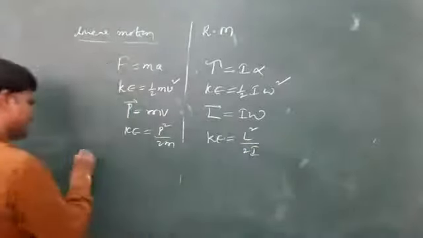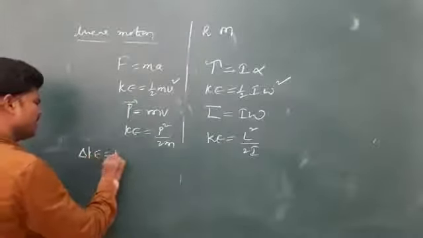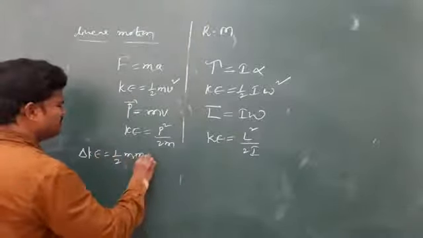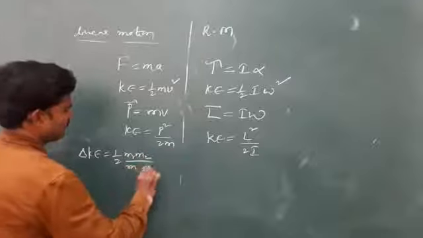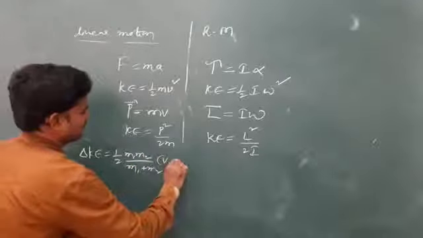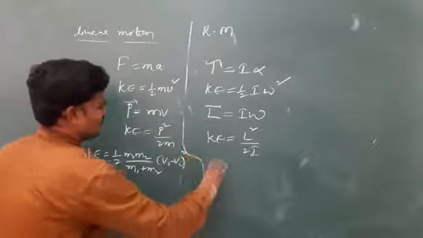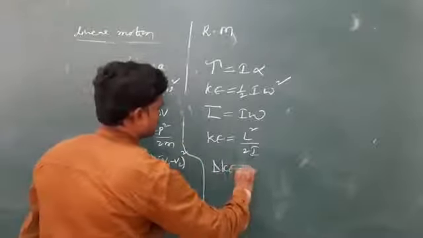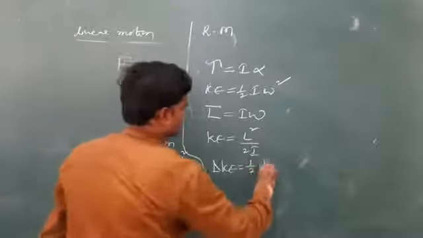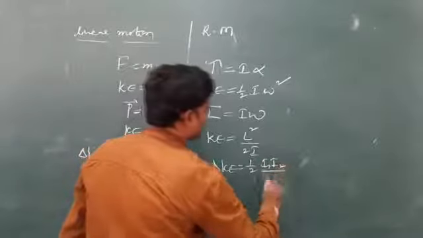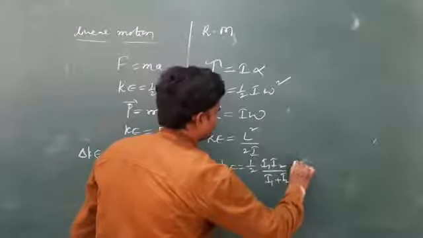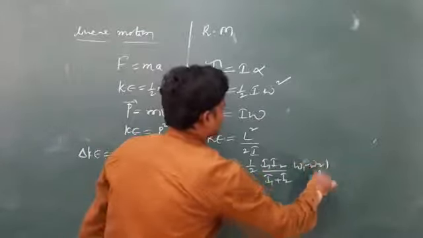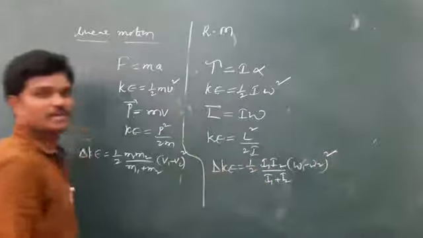And you know loss of kinetic energy, delta KE is half m1 m2 by m1 plus m2, v1 minus v2 whole square. Here loss of rotational kinetic energy is half I1 I2 by I1 plus I2, omega 1 minus omega 2 whole square.